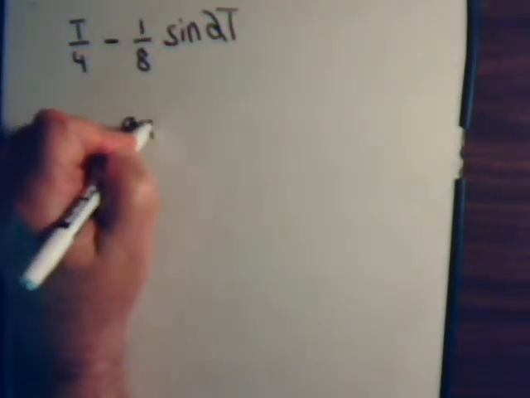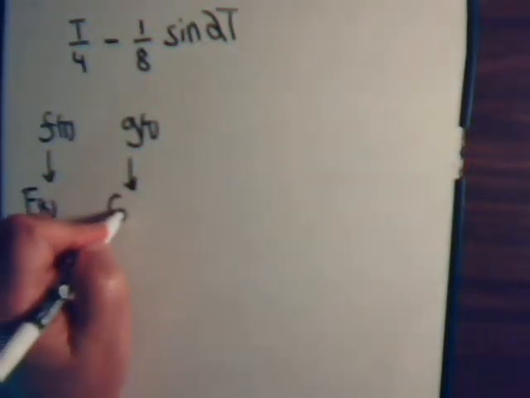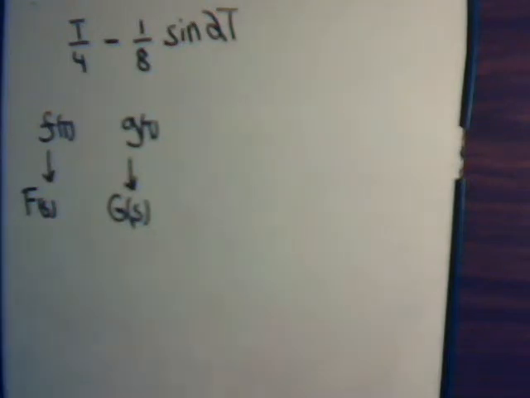In other words, here we have f of t, here we have a function g of t. This corresponds to a Laplace transform of f of s. This corresponds to a Laplace transform of g of s.